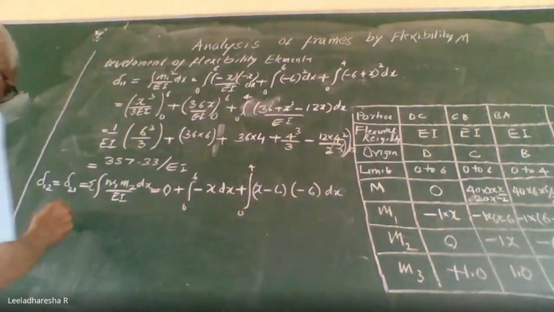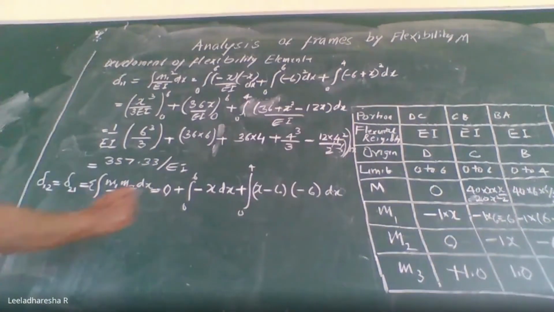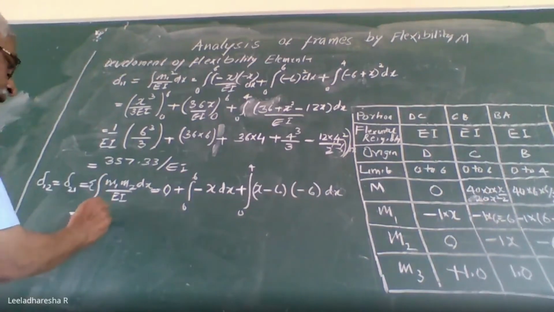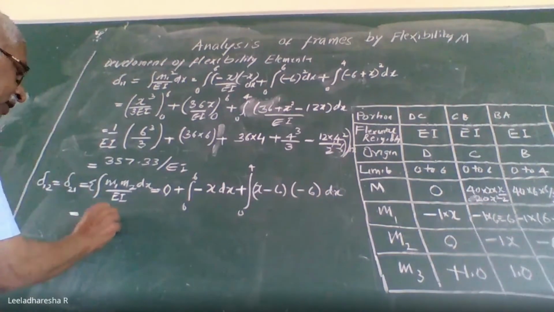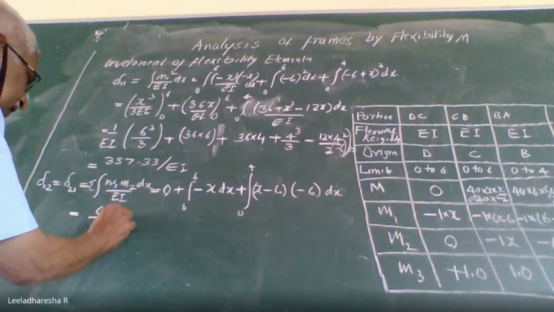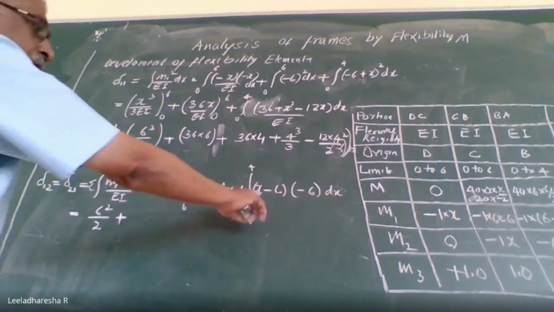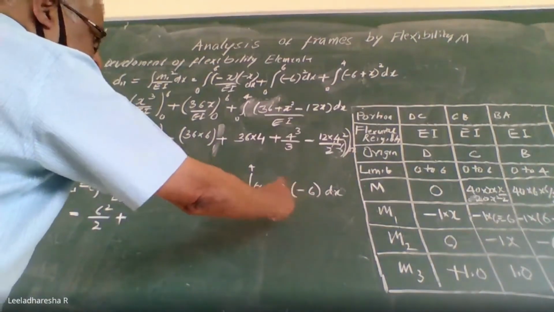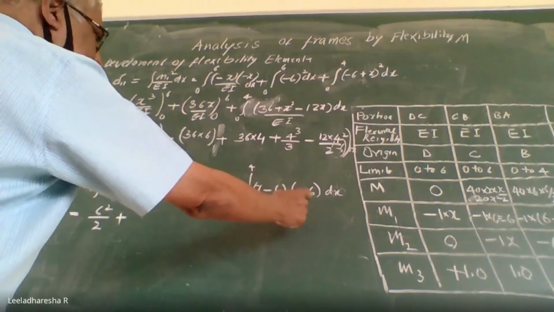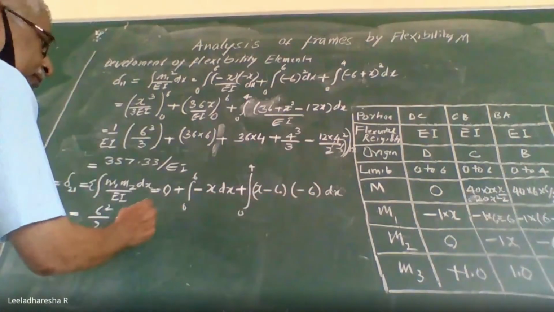So now you can simplify this: minus x square by 2, that is 6 square divided by 2, plus, multiplying this by minus 6, again it becomes minus 6x.